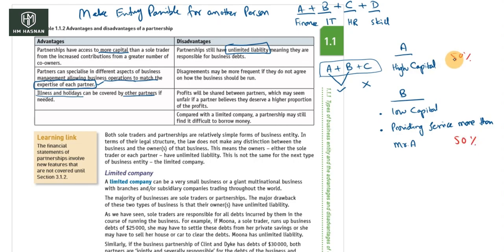In this scenario, Mr. A will realize it's unfair. He contributed a lot of capital and Mr. B also enjoys the same level of profit.